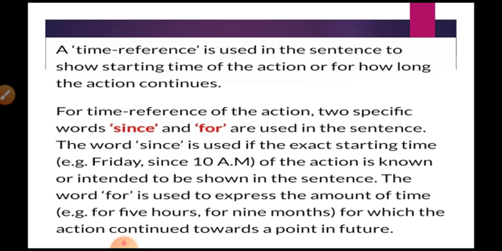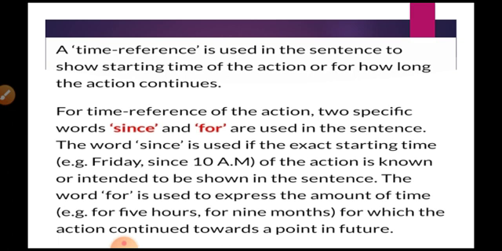For time reference of the action, two specific words, since and for, are used in the sentence. The word since is used if the exact starting time of the action, for example, Friday or since 10 a.m., is known or intended to be shown in the sentence.